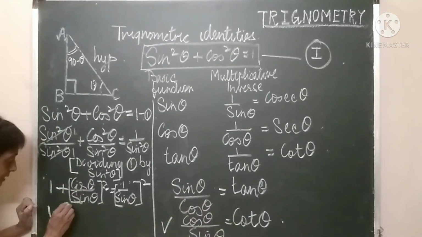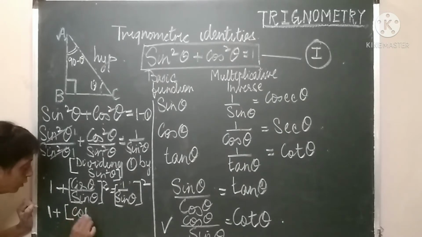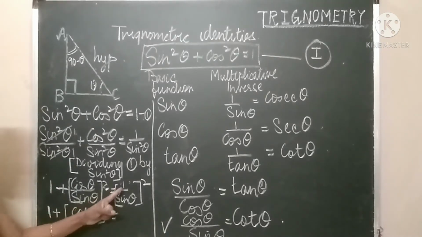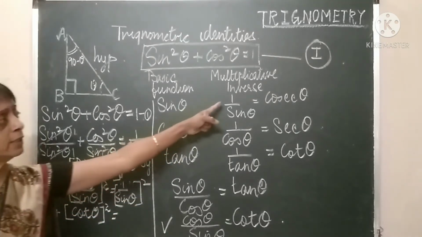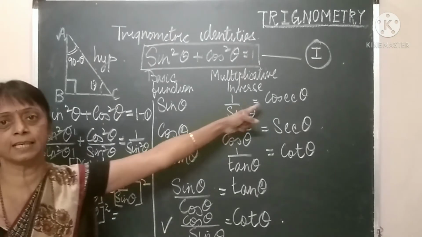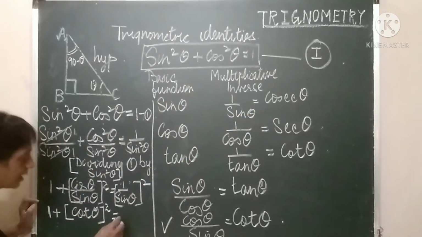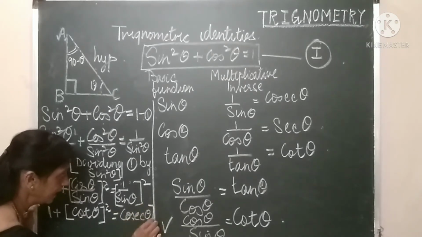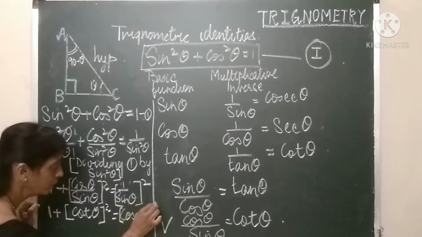So inside the bracket we will have cot theta the whole square. Let's not forget it, which is equal to 1 upon sine theta. What is 1 upon sine theta? It is equal to cosec theta. Let's again not forget the whole square.